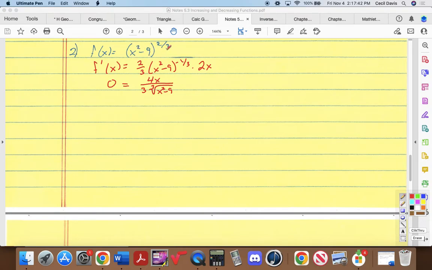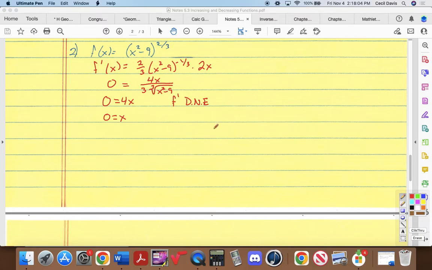You can take the cube root of both positive numbers and negative numbers. So no problem there. However, for the derivative, we know the numerator's got to be 0. So x is 0. And f prime does not exist where?